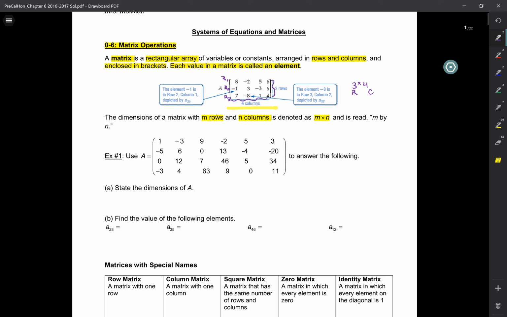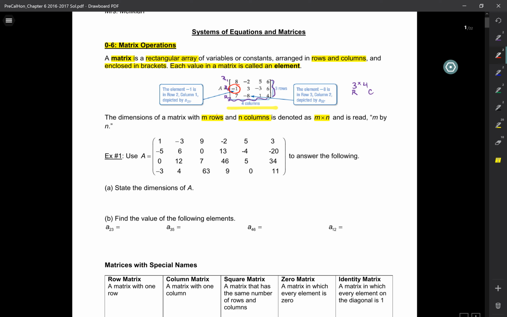Now, each element then can be referred to according to its position. So for example, this element is in the 2nd row, 1st column, right? So it occupies the position of 2, 1.